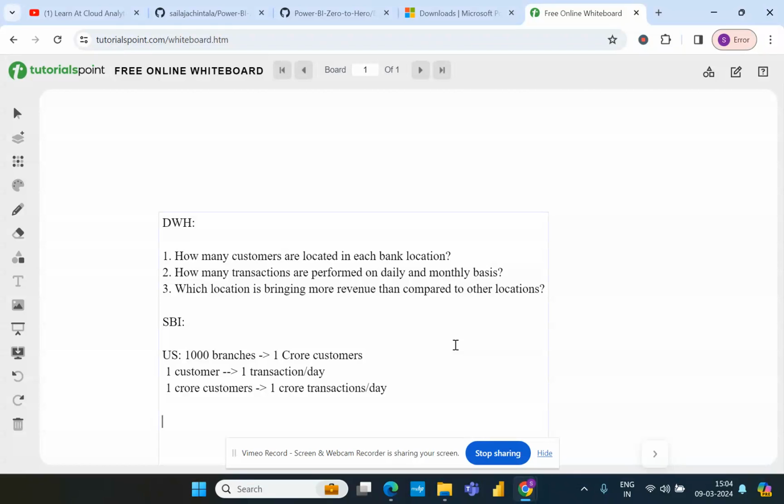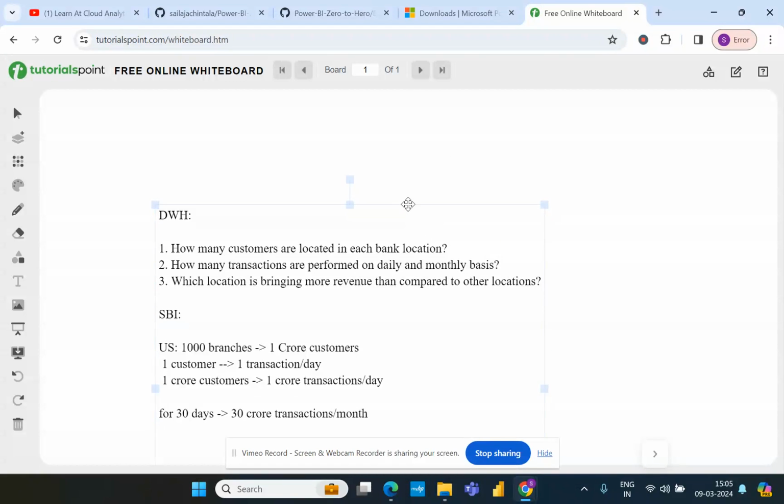Now for these 1 crore transactions, if I have to calculate for 30 days, there would be a total of 30 crore transactions per month, right? So for 30 days, there would be the total transactions of 30 crore per month, isn't it?